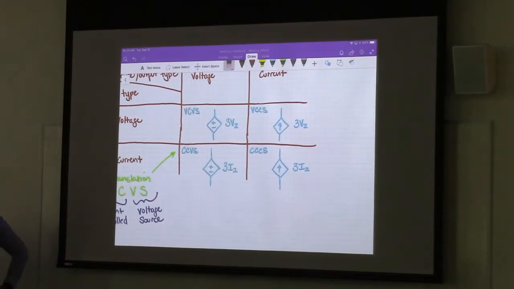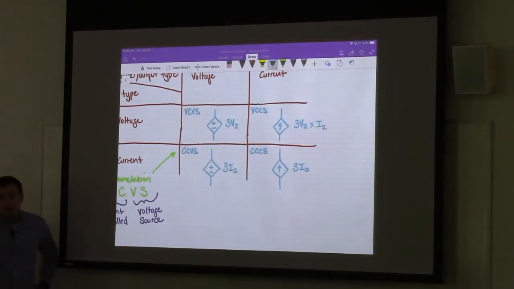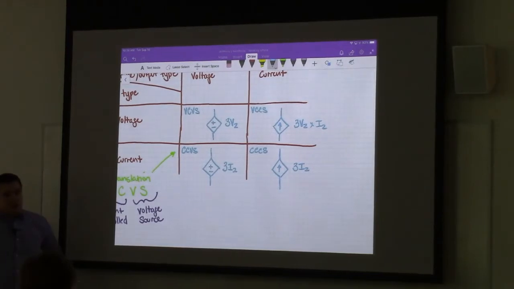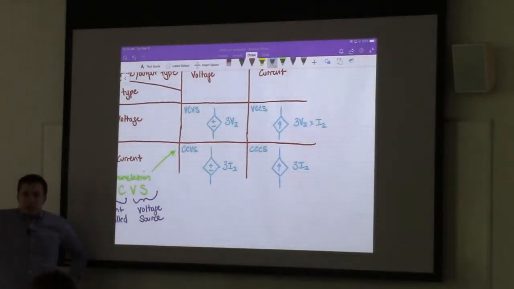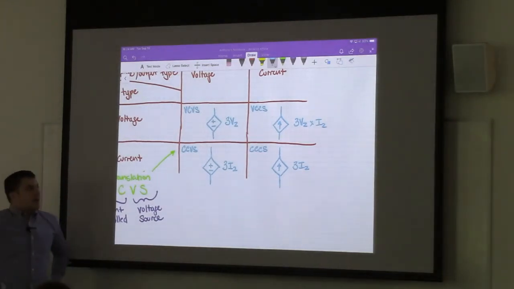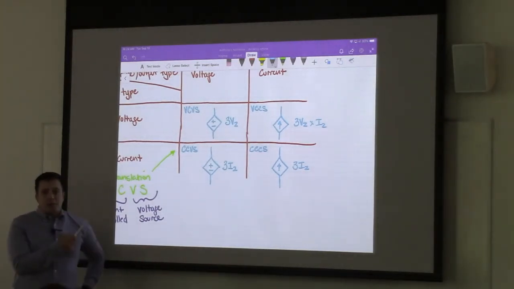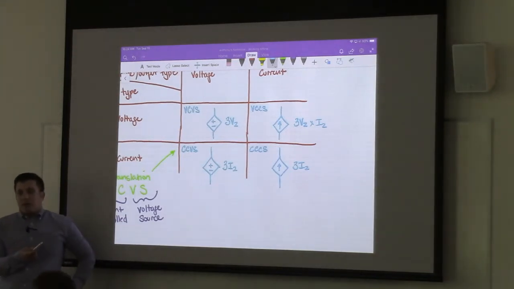You could have something crazy like this. That wouldn't fall into either one of the categories. That's not really something that is used physically. It's not really physically realizable. And what I mean by that is a voltage-controlled voltage source represents an amplifier a lot of times.